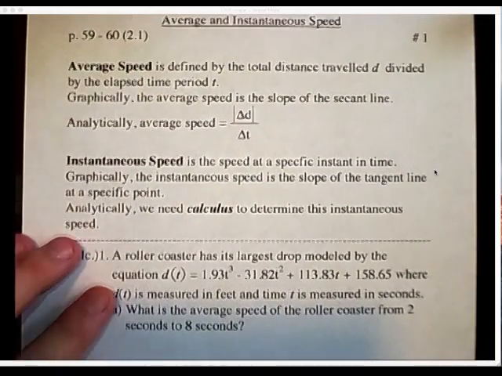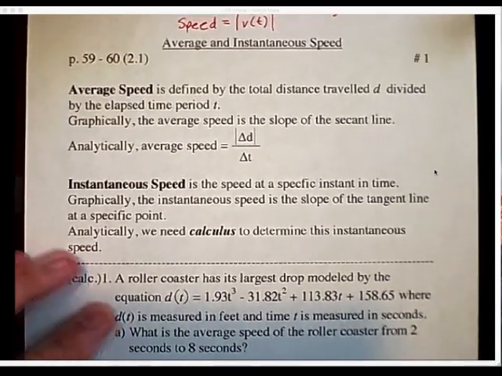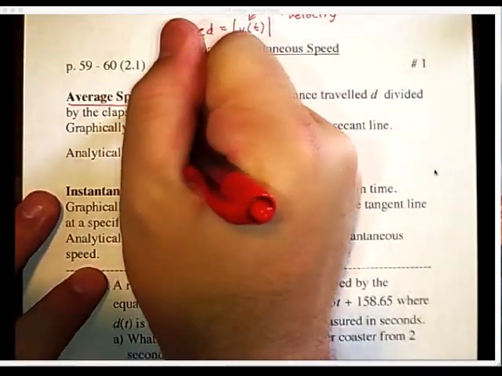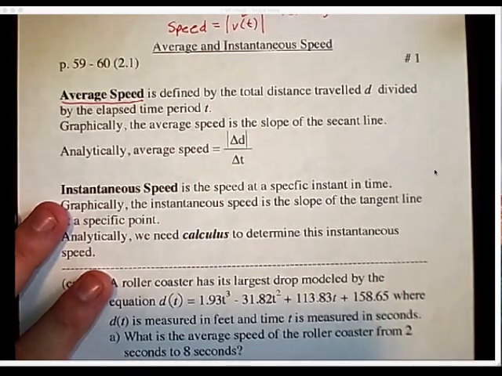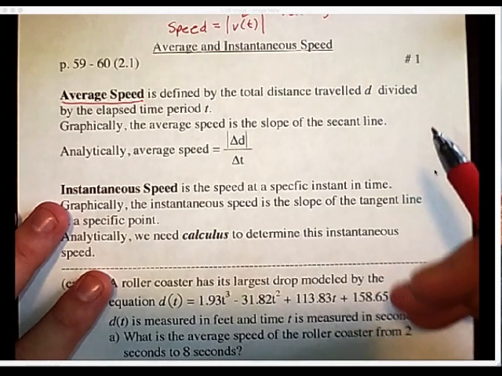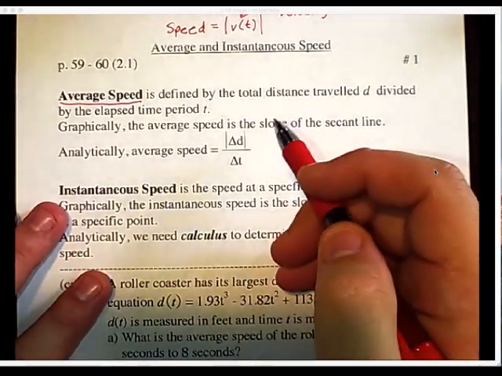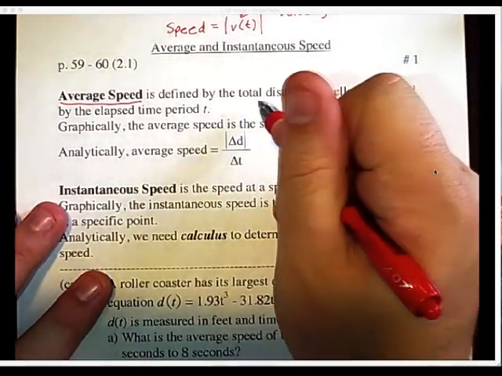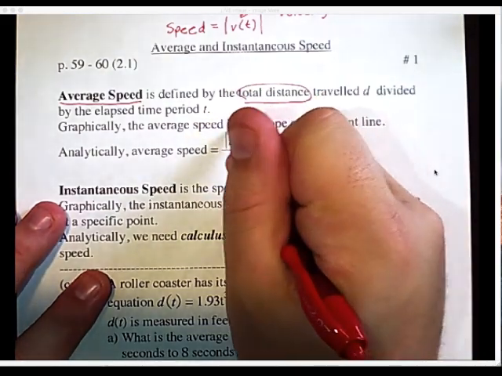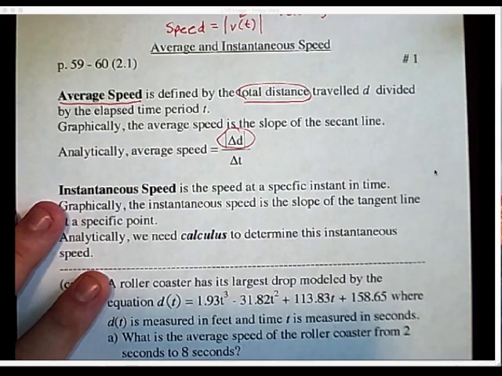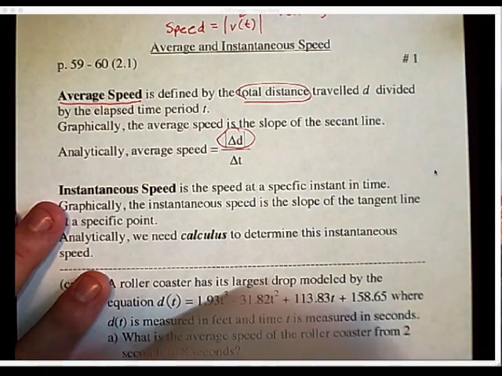Now we're talking about a specific type of speed, which she's calling average speed. To find average speed, we take the absolute value of total distance and divide it by time.